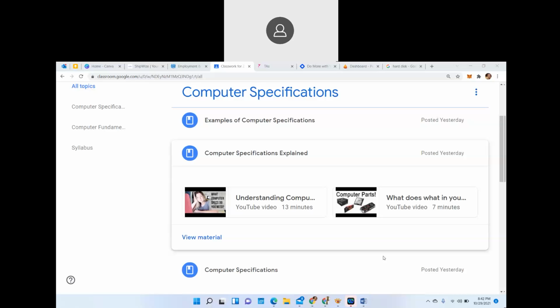Okay, sir. Chevelle? The one takeaway I learned about the CPU, the central processing unit, is that it's very low on data storage.